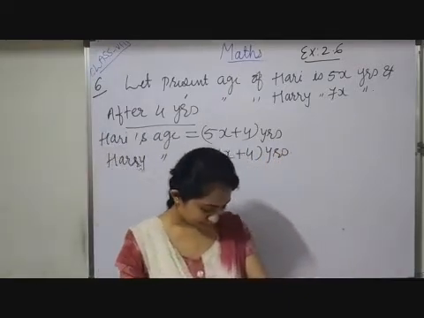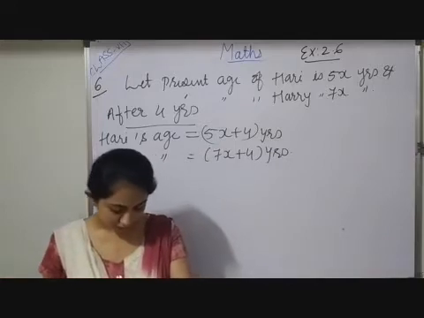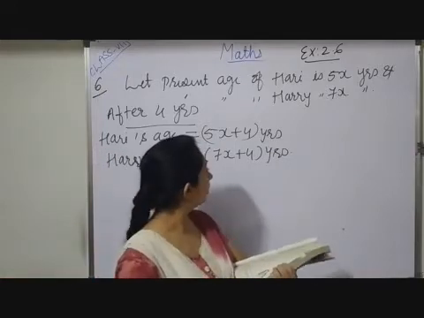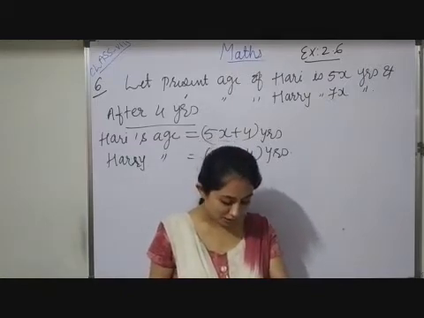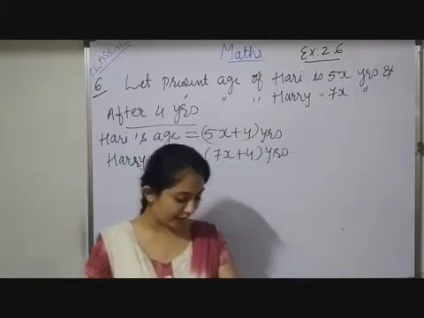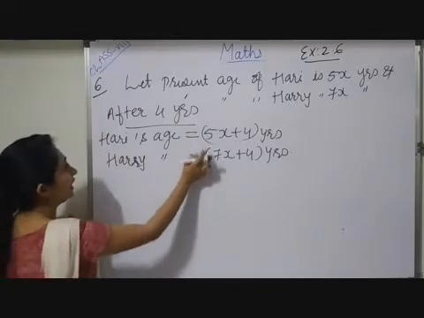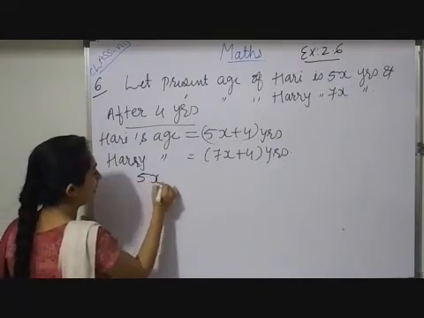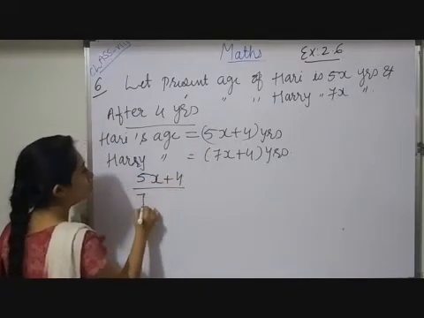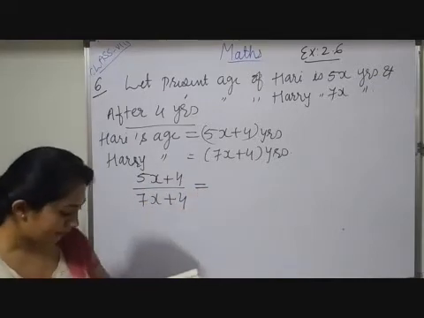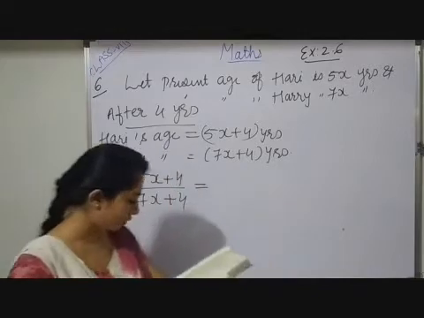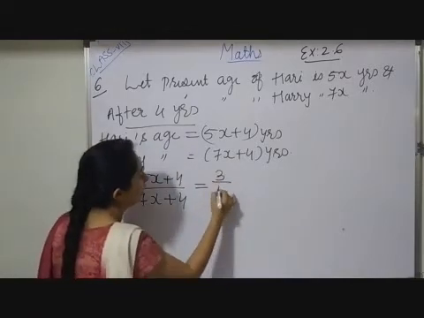Now, here it is given that 4 years from now, the ratio of their ages will be 3:4. That means (5x plus 4) upon (7x plus 4) is equal to 3/4.